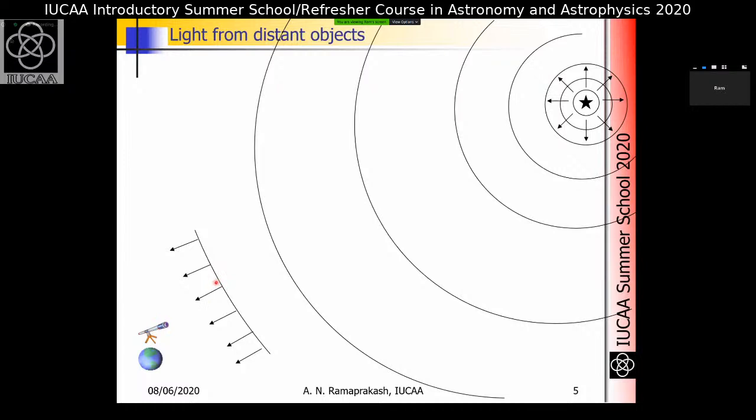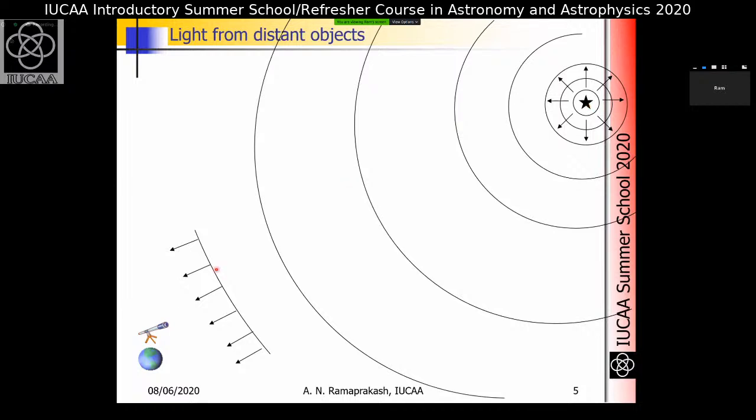Now, if I keep a telescope here, with a primary objective optics of this size, I'm collecting light from this much area of that sphere. If my telescope's primary objective is this large, I'm collecting light from that much area of that sphere. That means the bigger telescope, with a larger diameter, makes the object appear brighter, because it is collecting more light from the sphere which is expanding away.